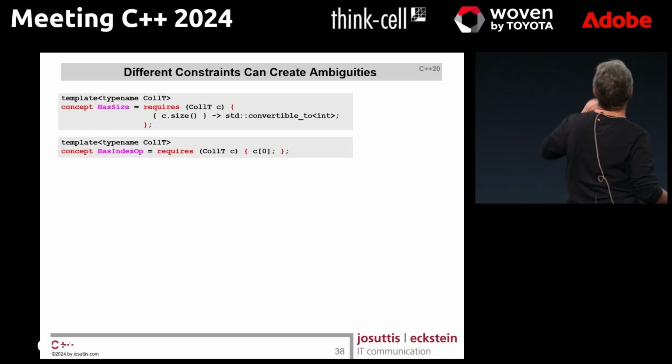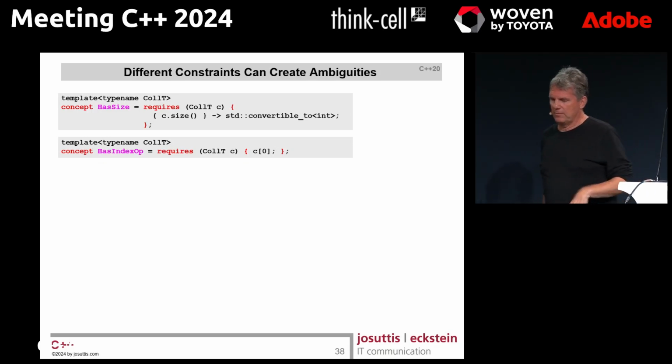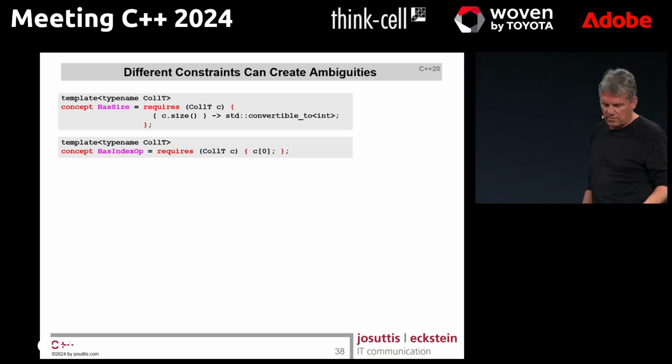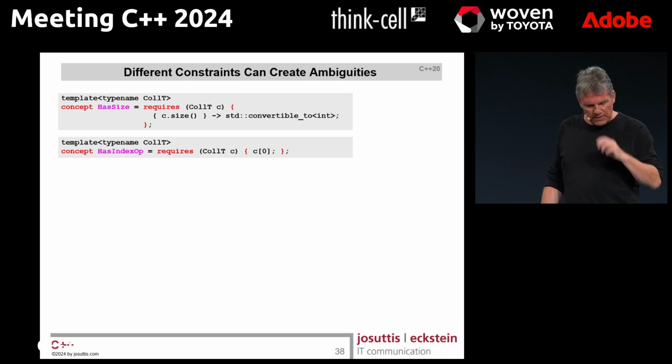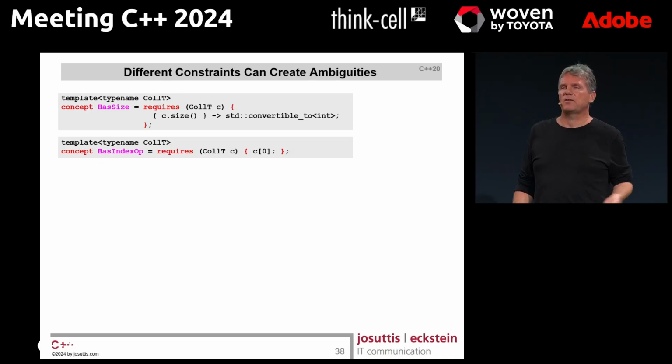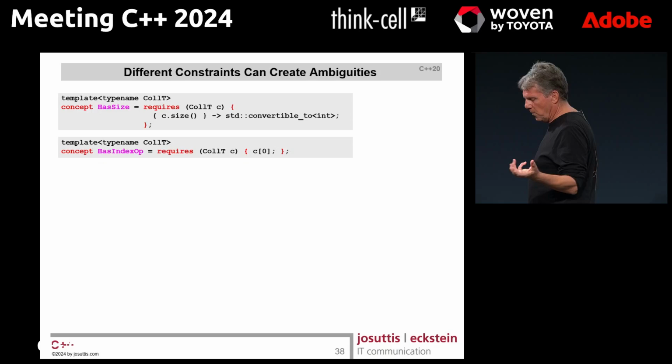So here's one example. Let's introduce the concept has size. So we here simplified by saying we have a member function called size, and the result is convertible to an int. And then we have another concept that checks whether we support the index operator by saying, assume I have an object of this type, could I use the index operator passing the index 0?